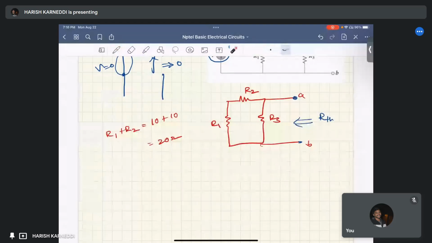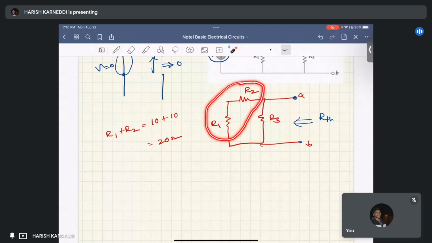This equivalent resistance of 20 ohm is connected in parallel with this R3, right? Now the equivalent circuit will look like this.